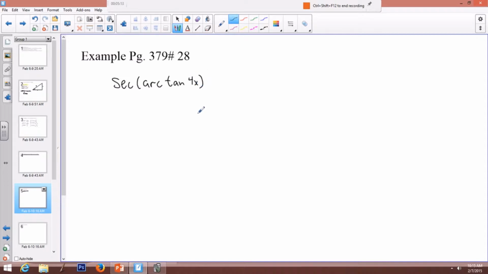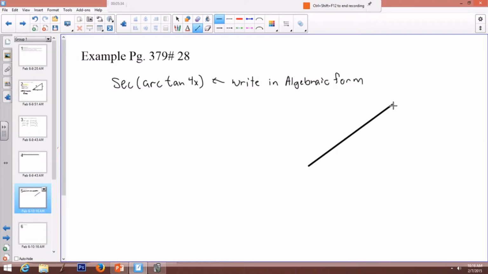And then it wants us to write this thing in algebraic form. So I'm trying to write in algebraic form. So let's break this down. And it goes back to what we had talked about a little bit earlier. What does this thing do?